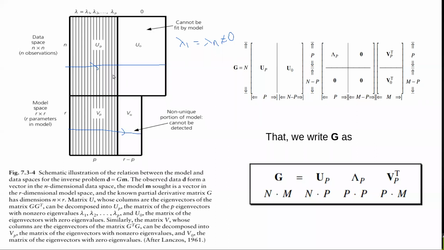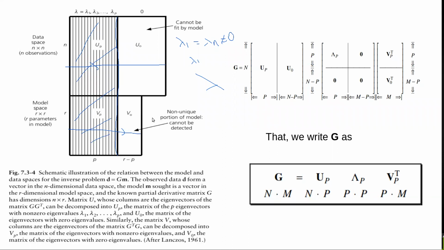We can resolve this, but once some of the singular values are 0, then we have to divide these spaces into two portions, where the non-zero P singular values allow us to resolve only this part of the data space and this part of the model space.